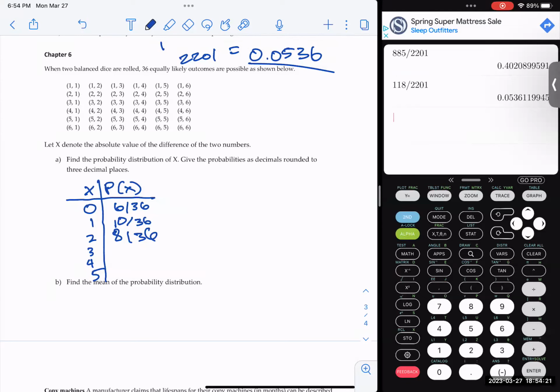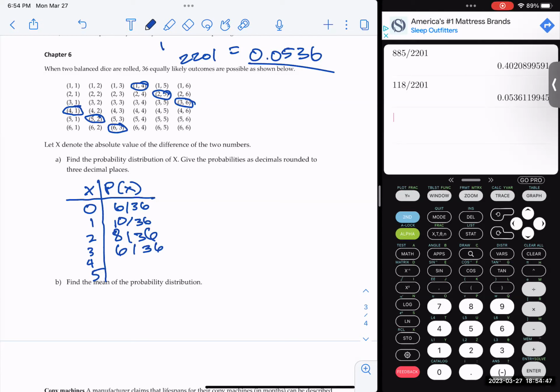So I'm looking for 3, so 4 and 1. 5 and 2. 6 and 3. That's 3 things. And yeah, Desiree's got them listed there. She's also getting the exact same thing. So we do in fact get, you're right, Lindsay and Desiree, 6 out of 36. Very good.